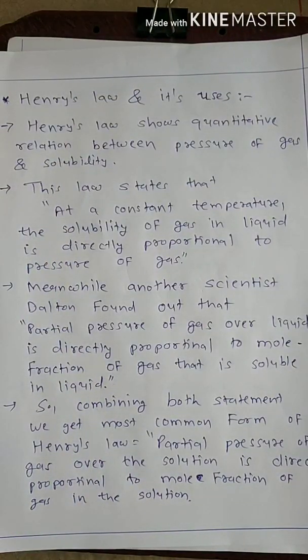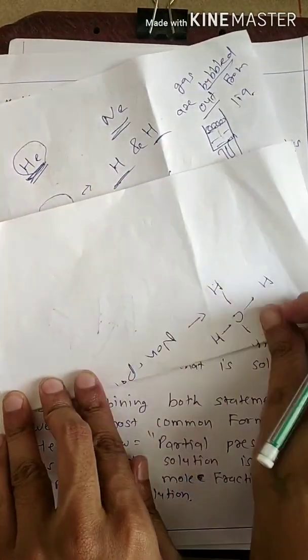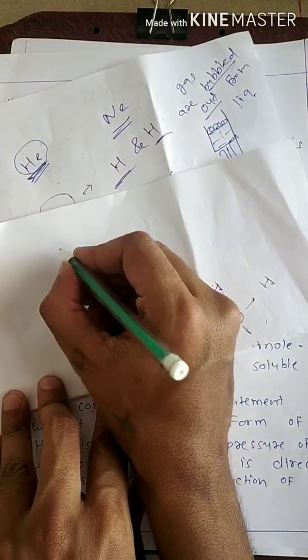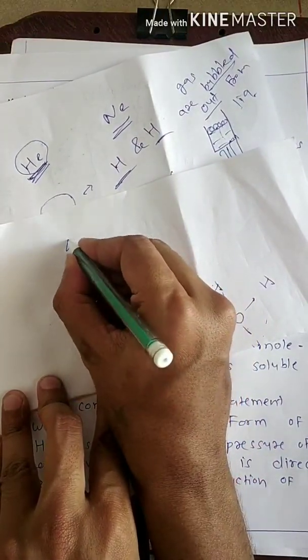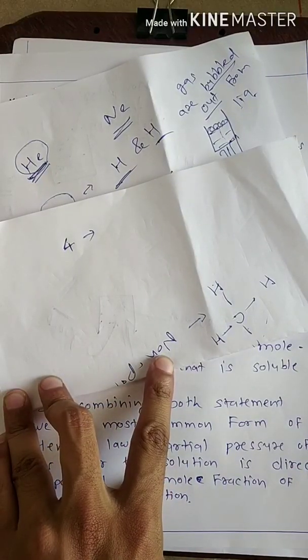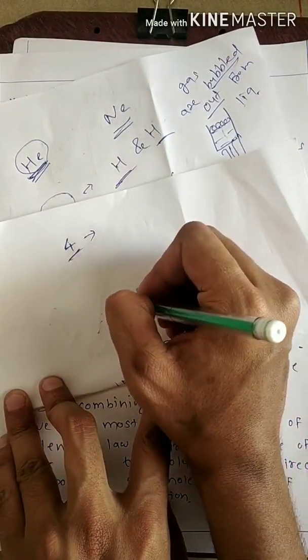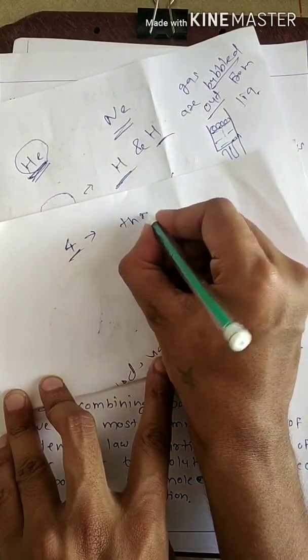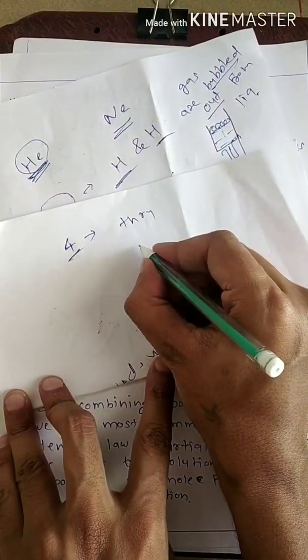Now this is very important question. Listen to me very carefully. As I told you, there is one question of 4 marks from this chapter according to current paper style. Okay. In this 4 marks, they can ask theory or some example.